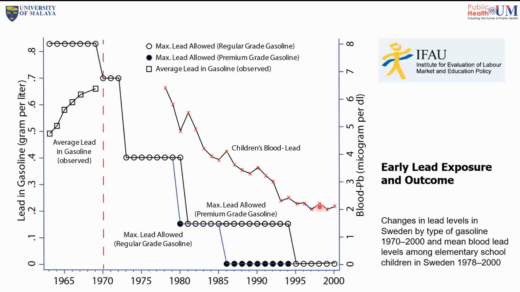So lead is present both in the environment and in occupational settings. The most common source previously was lead in gasoline, but now lead is still present in some paint and some toys, and that's why when you purchase any toys or things for your child, you make sure that it is lead free.